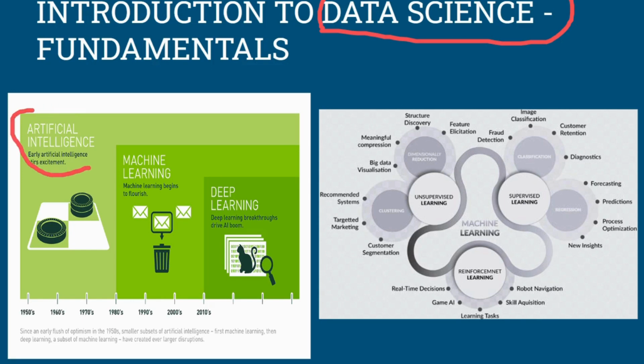The mother field is artificial intelligence, which started in the 1950s, followed by machine learning, which began to flourish in the 1980s, and then came deep learning, which saw a new boom in the 2010s.